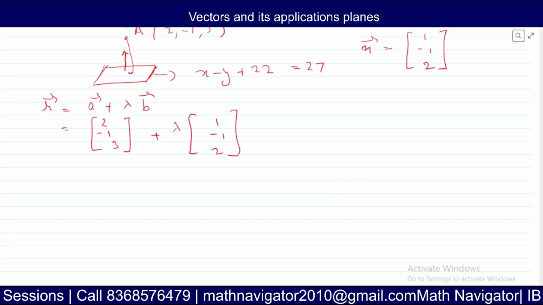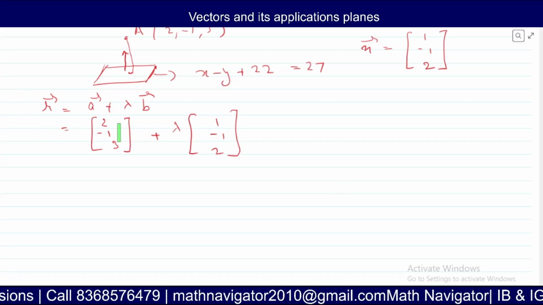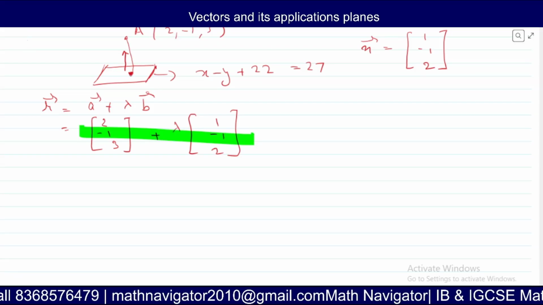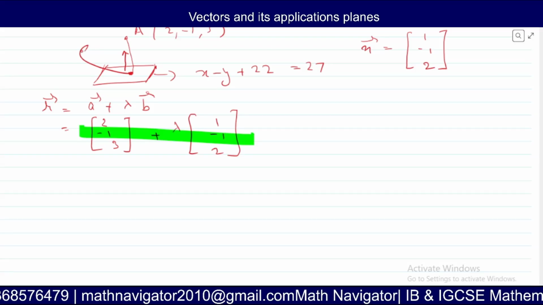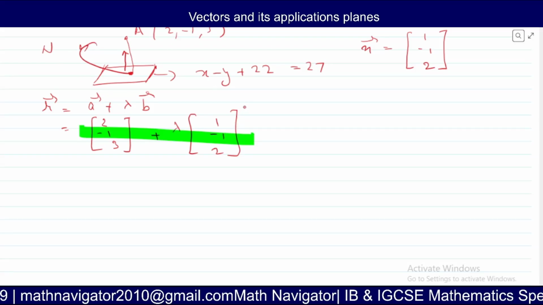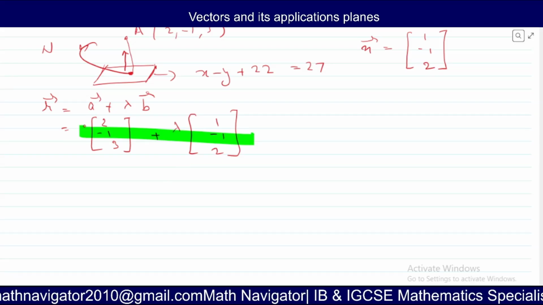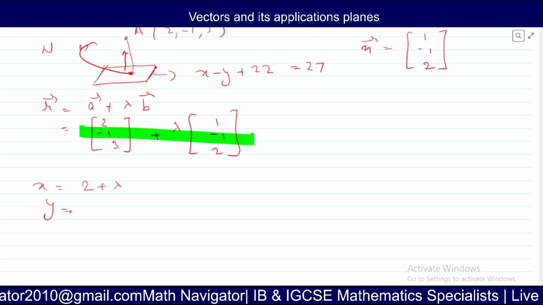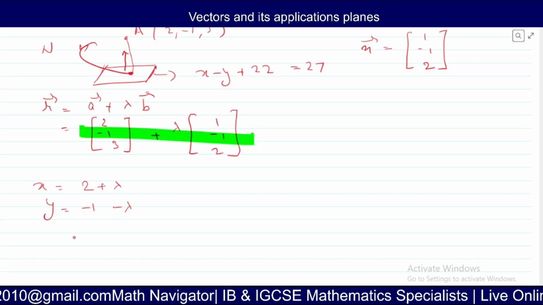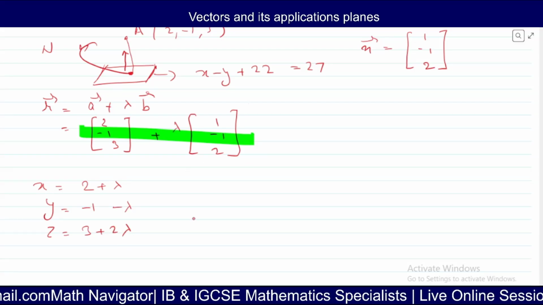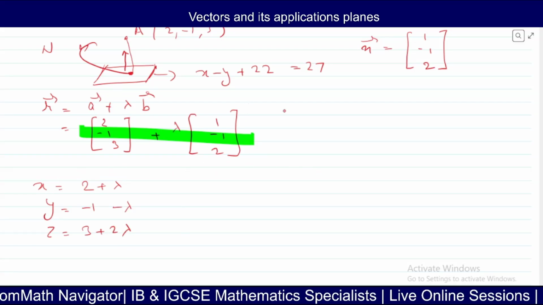Now I want to find this point, let's call it N. This point N is lying on the line as well as in the plane, so we have to equate the equations. So x is equal to 2 plus lambda, y is equal to -1 minus lambda, and z is equal to 3 plus 2 lambda. Let me put this in the equation of the plane.